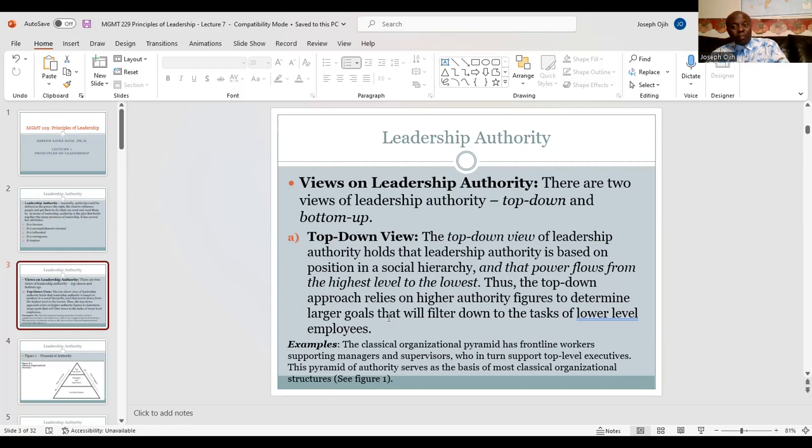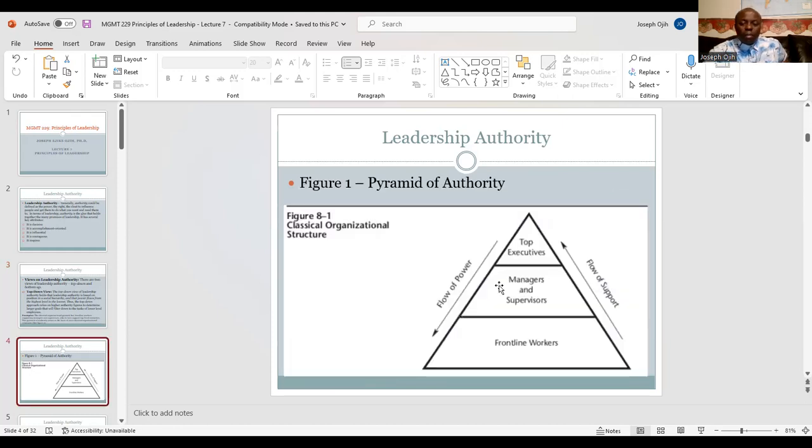It is reflected in the classical organizational pyramid, which normally serves as the basis of most organizational structures. You can see from here: top executives, managers and supervisors, then frontline workers. You can see how the power flows from the top to the bottom.